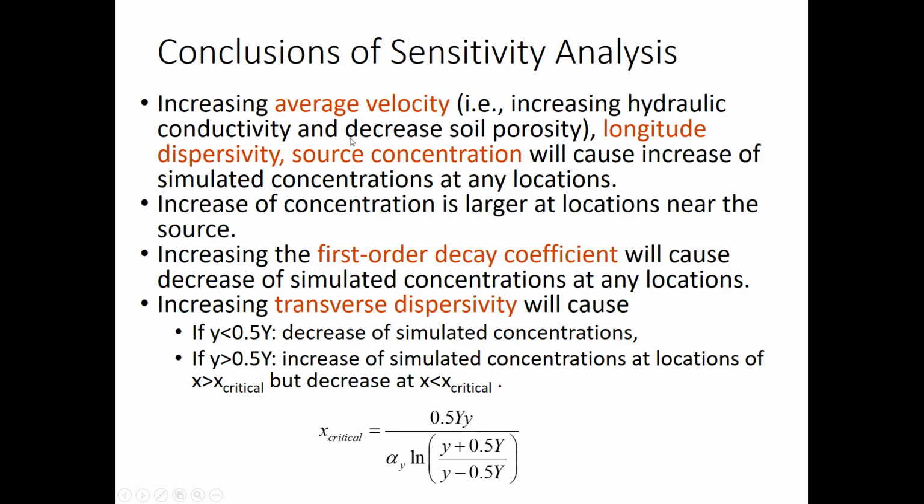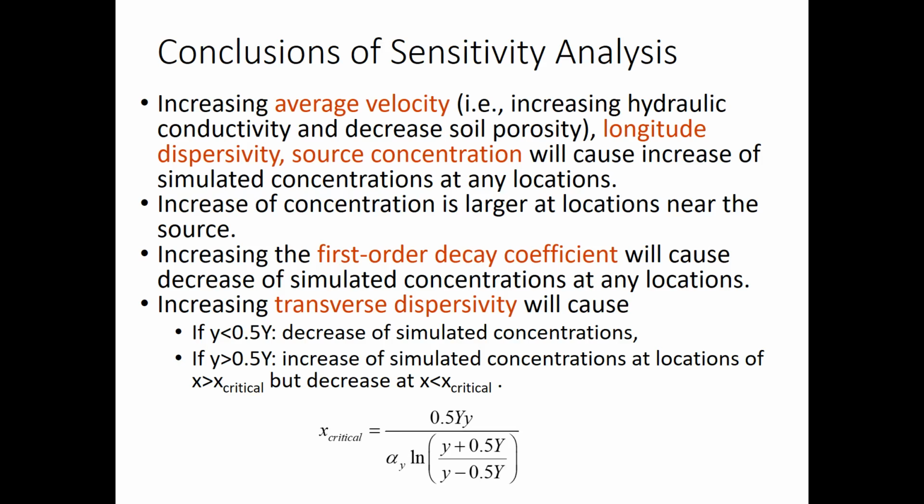This makes perfect sense because if velocity is higher, everything moves faster, and of course the concentration away from the source plane is going to increase. And if you increase your first order decay coefficient, your concentration is going to decrease because increasing the decay coefficient means bacteria eating more nitrate.